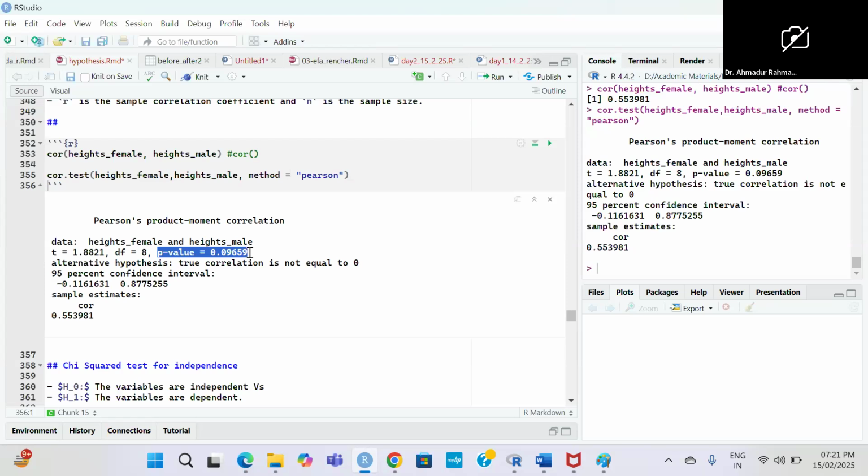Are you there? Remember one thing, when you are calculating correlation between two or more variables, you will see that there is always some correlation. Then you have to check whether these correlations are significant or not. If these correlations are significant, then you say that there is significant correlation between the two.